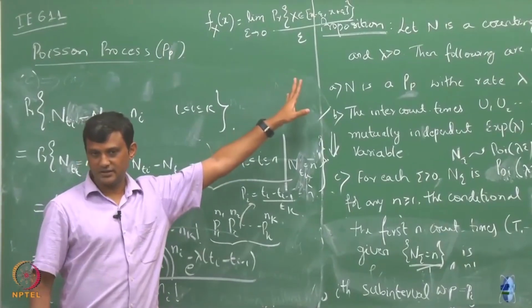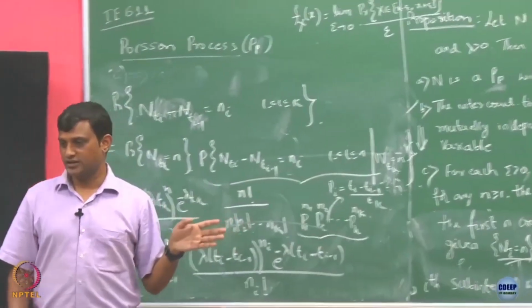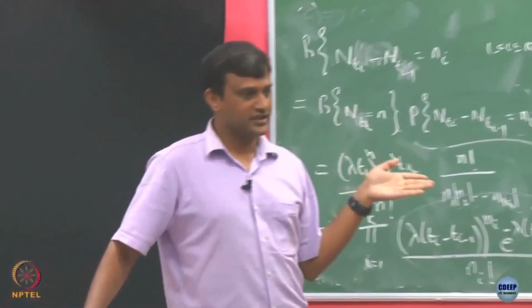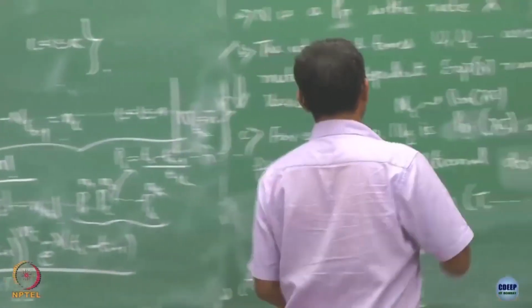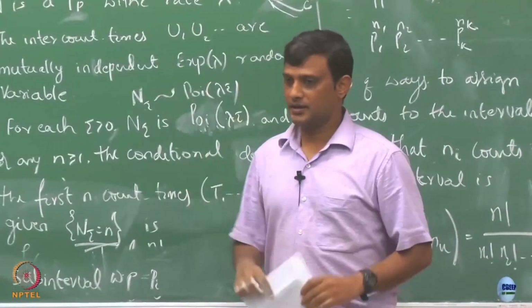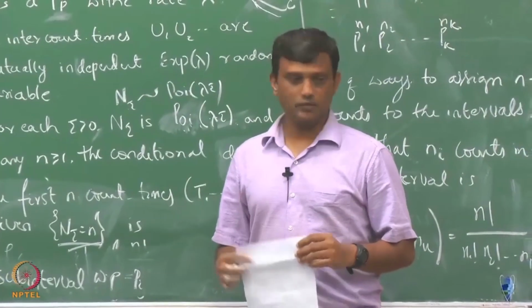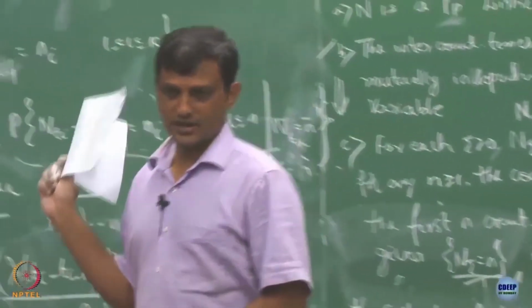Hence, if C holds, then it is clear that my process is a Poisson process. So any of these characterizations you can check, and they all imply the same Poisson process. Okay, let us stop here. If you have any doubts on this, you can ask now.